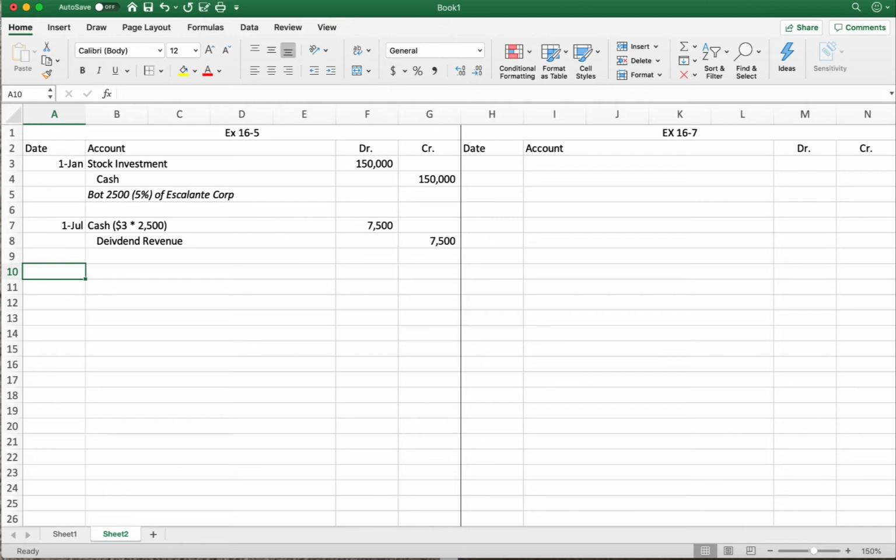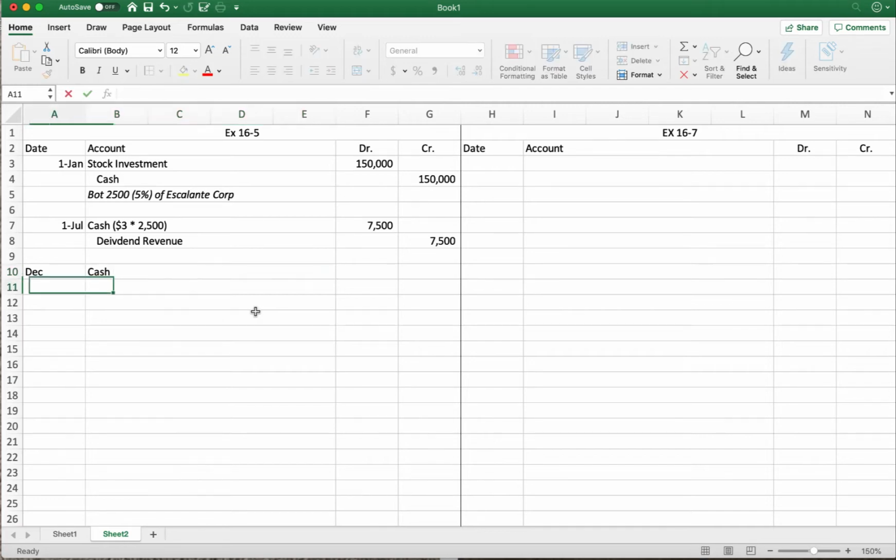Okay. So on December 1st, we sold 500 shares of Escalante Corporation common stock for $32,000 cash. Not a problem, right? We can do that. So first thing we're going to do is recognize what is the journal entry. What do I have to debit? What do I have to credit? Well, think about it.